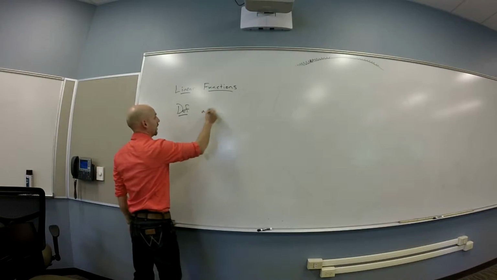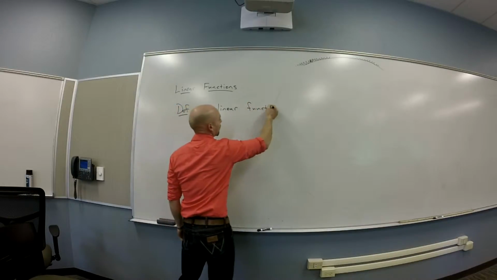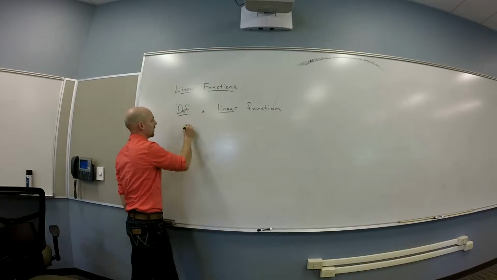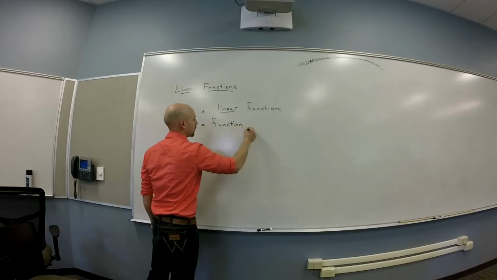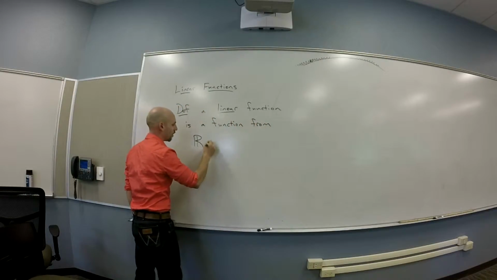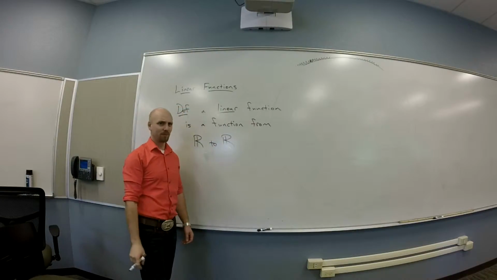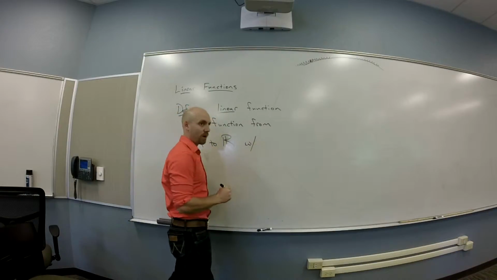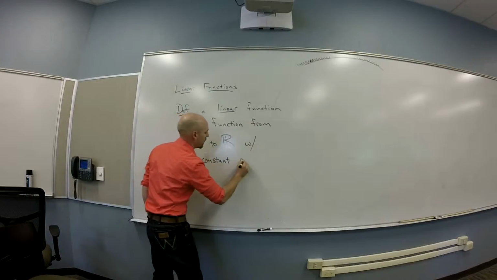Okay, so a linear function, right, and I'm defining the word linear, is a function from R to R, and really this can be expanded a little bit, but for right now we'll go with this, with constant rate of change.